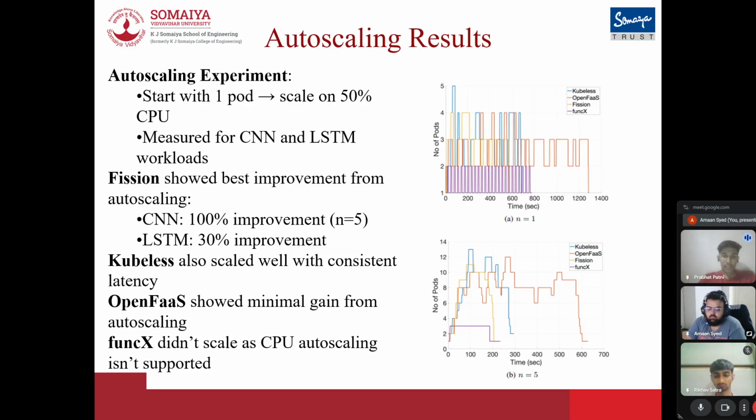Interestingly, Fission displayed the most significant gains from autoscaling: with autoscaling enabled, its response time improved by about 27% for a single concurrent user, and nearly two times faster for five users compared to running on a single pod. For the heavier LSTM workload, both Fission and FunkX benefited from autoscaling, with Fission showing improvements of approximately 5% at the low load and up to 30% at the higher load.